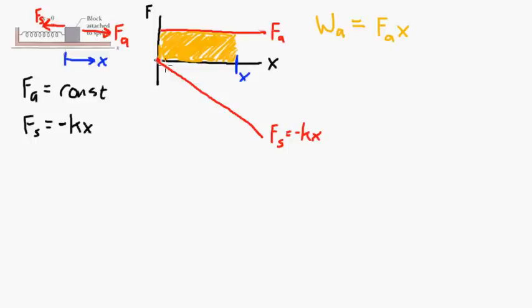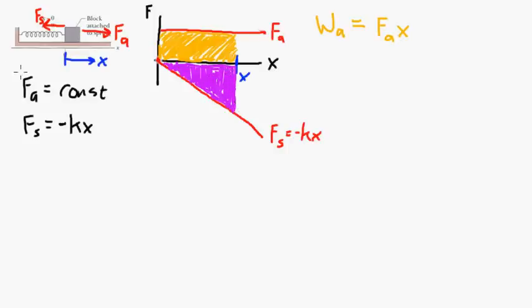Now, what's the work done by the spring force? Well, that increases as we go to the right too. Because the force is changing, it's not a rectangular area. This area here is the work done by the spring force, and it is more of a triangle.